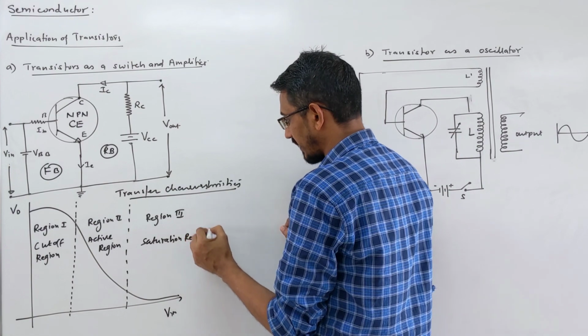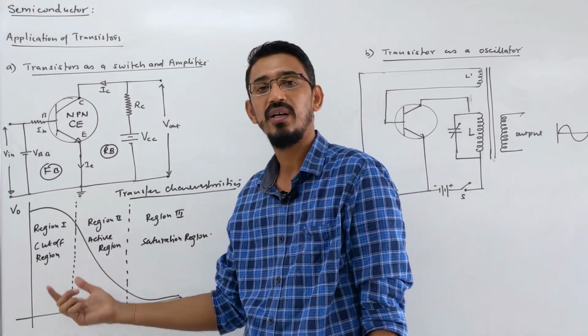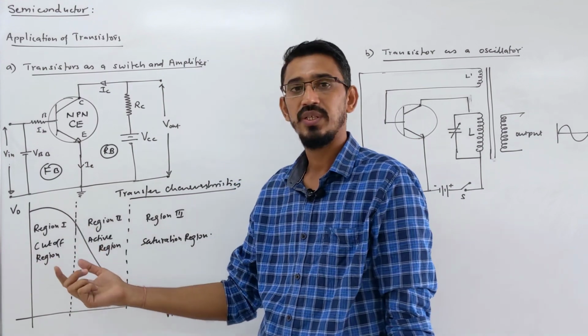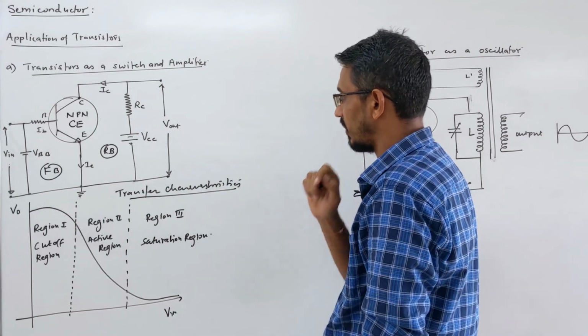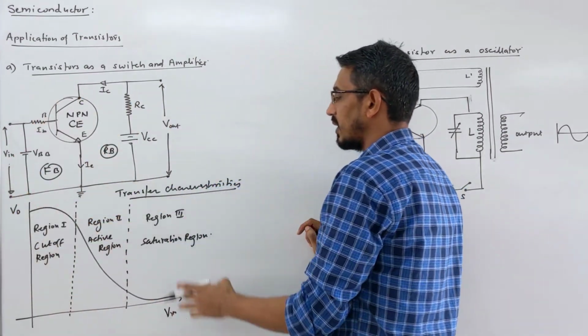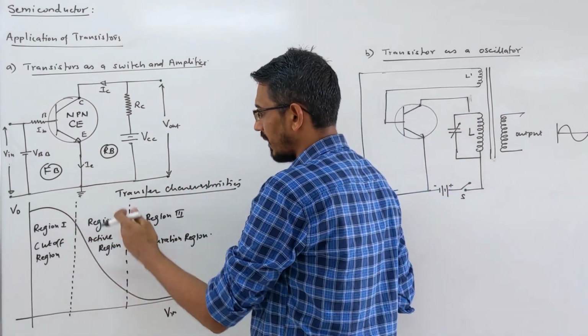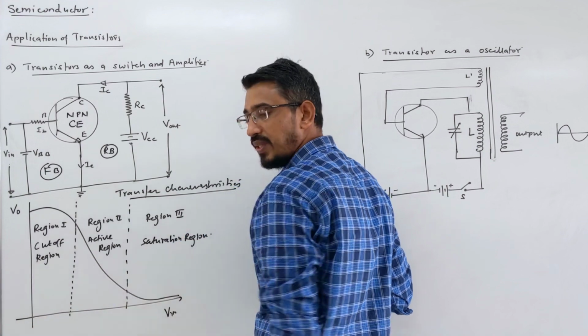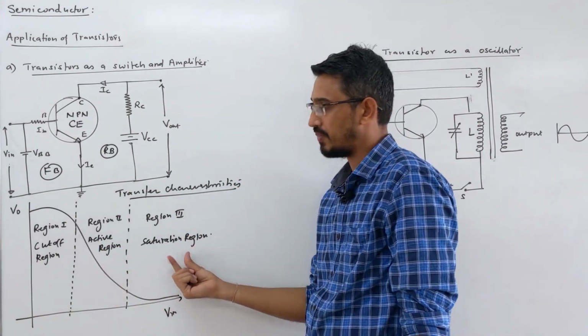This graph was asked in our exam, and it was asked to identify in which part it works as a switch and where it works as an amplifier. Simple, this graph was asked. Watch carefully. It's a graph between output voltage versus input voltage, V naught versus V in. This is also called transfer characteristics, and three parts we have divided. First part is called cutoff region, middle is called active region, and last is called saturation region.